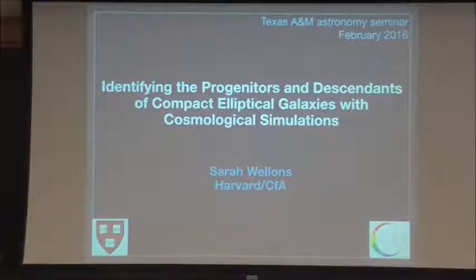And I have been in particular studying these type of galaxies called compact ellipticals, which are very common at high redshift, less common in the local universe, and trying to figure out how these types of galaxies form and evolve within the simulation. And the results that I'll show you also have some broader implications for methods that we use to track galaxy populations observationally. So I'll get into that a little bit at the end.